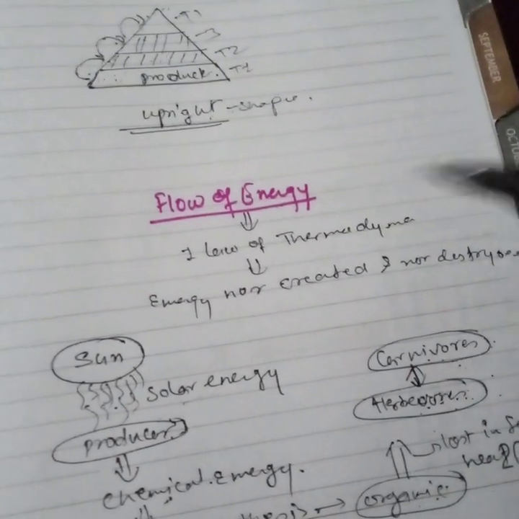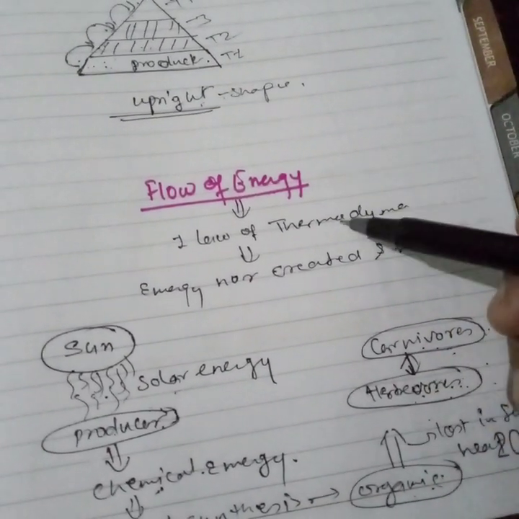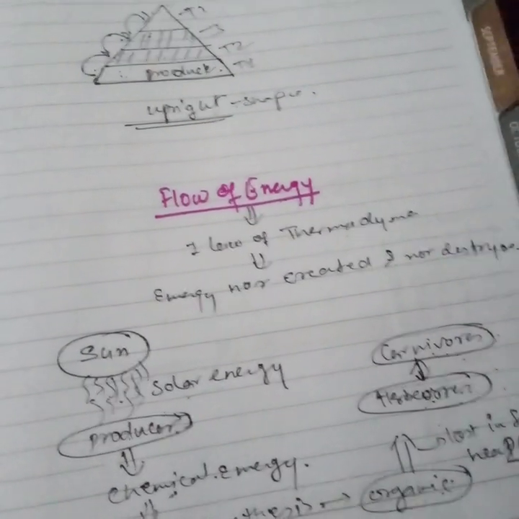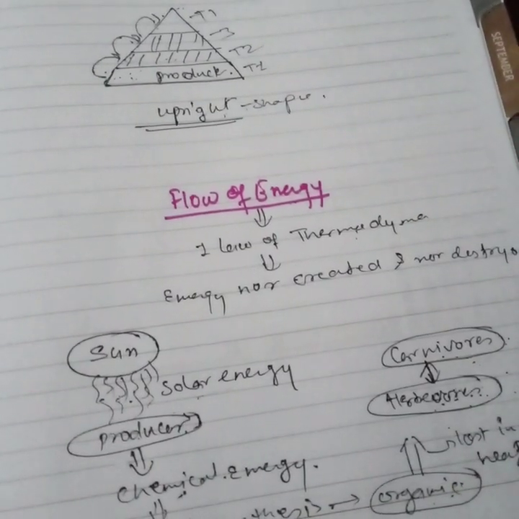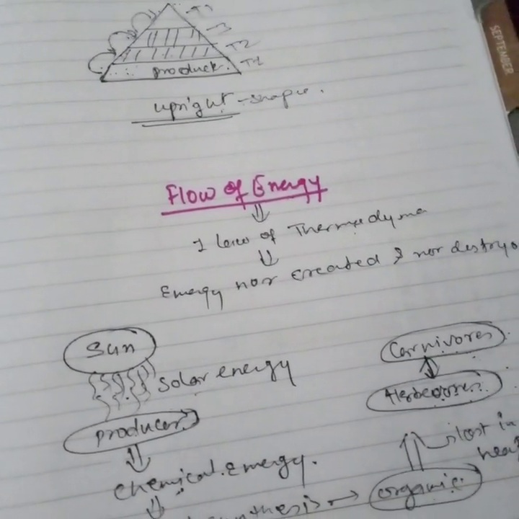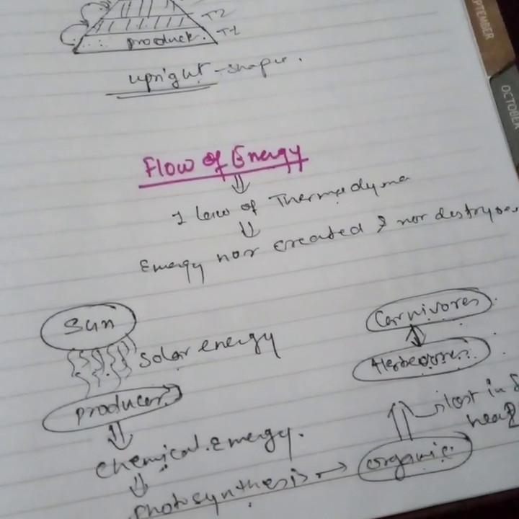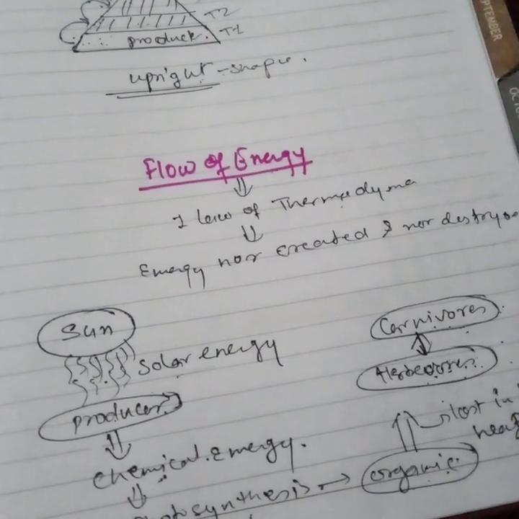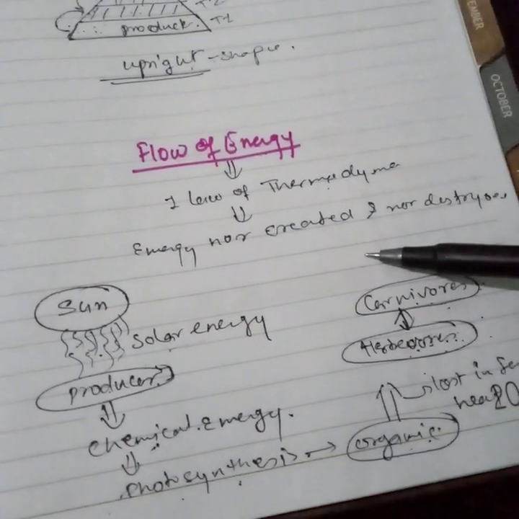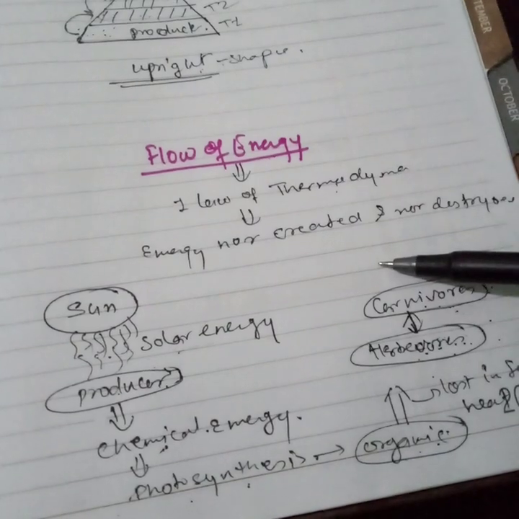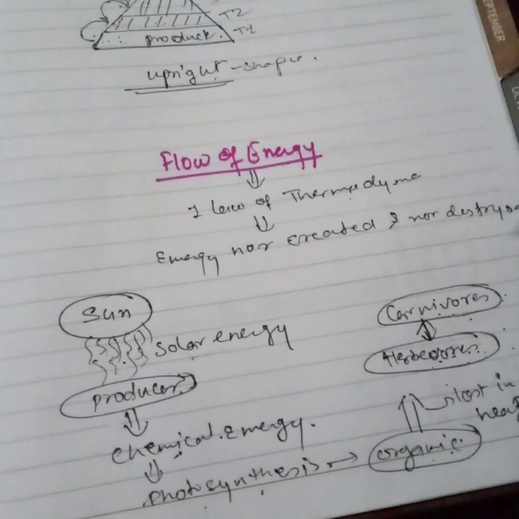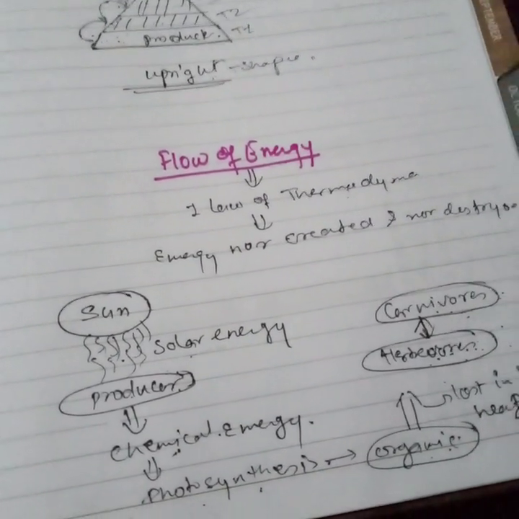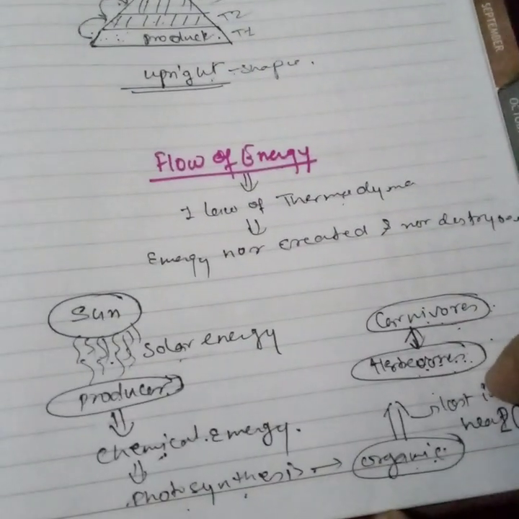As we know, the first law of thermodynamics tells that energy cannot be created or destroyed, it will always transform. So that law of thermodynamics is followed in the ecosystem where energy is transferred from the autotrophs to the consumers.